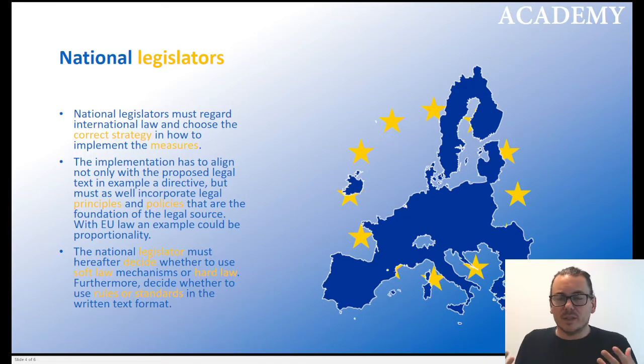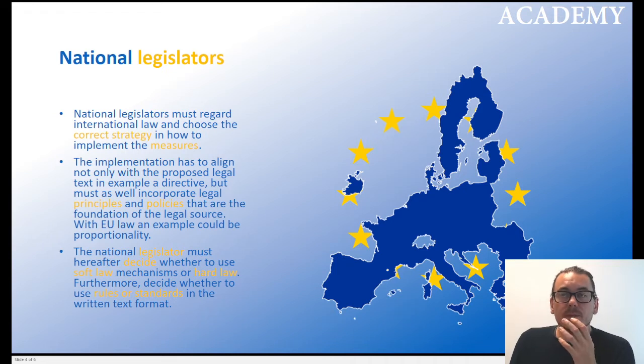But if we do have minimum directives, or other types of directives, then it doesn't always have to be written specifically word for word in the national regulation. And sometimes it might even address specific types of companies that are not allowed in your member state. And there you have to figure out how to address these points.